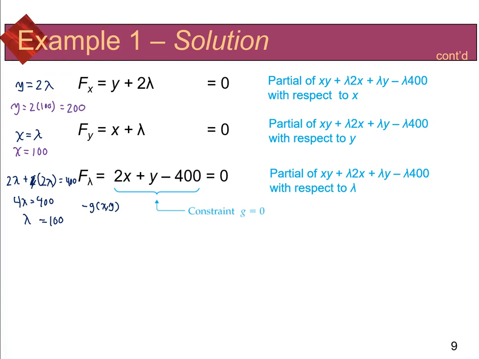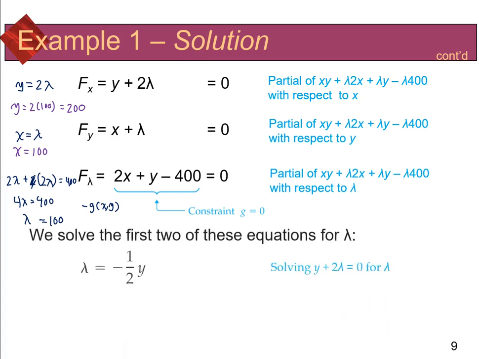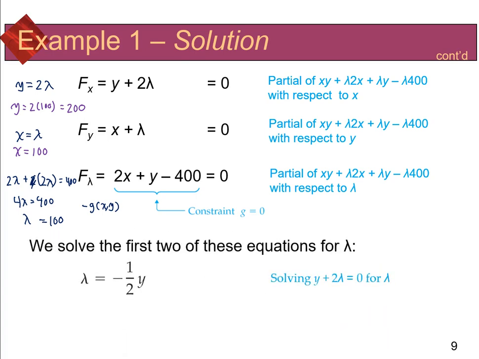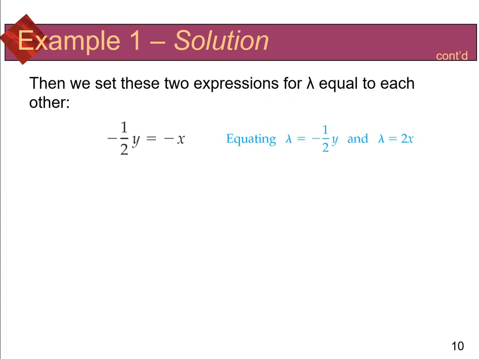They instead solve for lambda. They get lambda in terms of x or y. So for the top equation, they get that lambda equals -1/2 y. The other one is that lambda equals -x. They set these equal to each other, and they say that basically y equals 2x, and then they do a substitution.